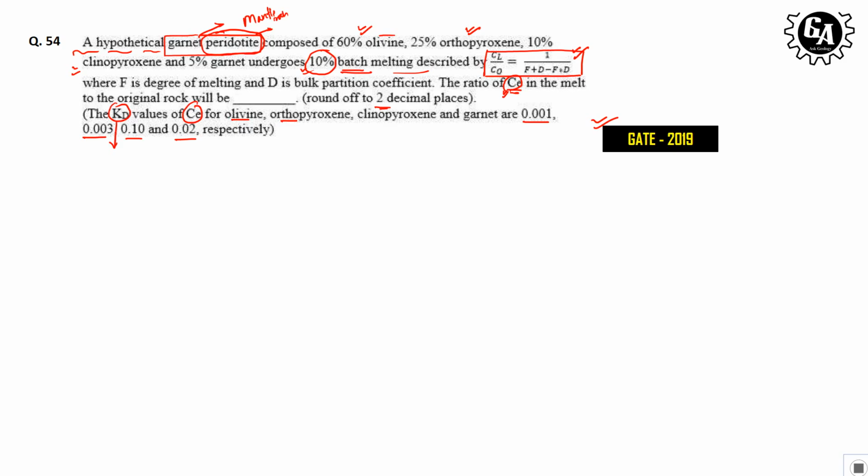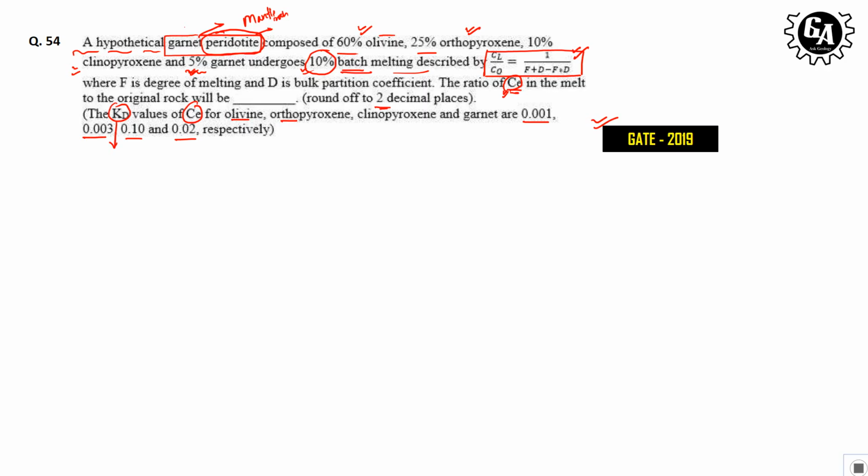Garnet is also present, and you can see this 5% garnet. The modal percentage of garnet in this peridotite is also high, that's why the naming is garnet peridotite.